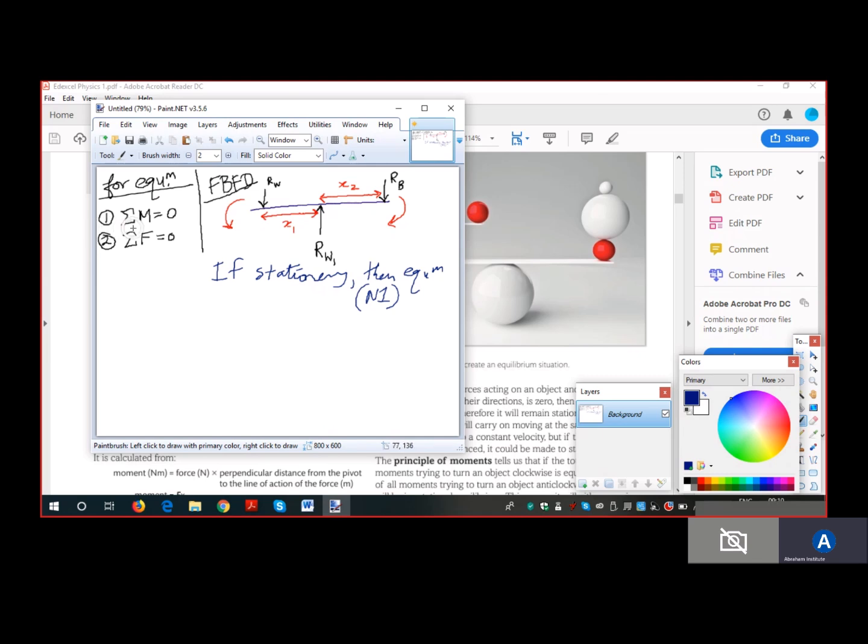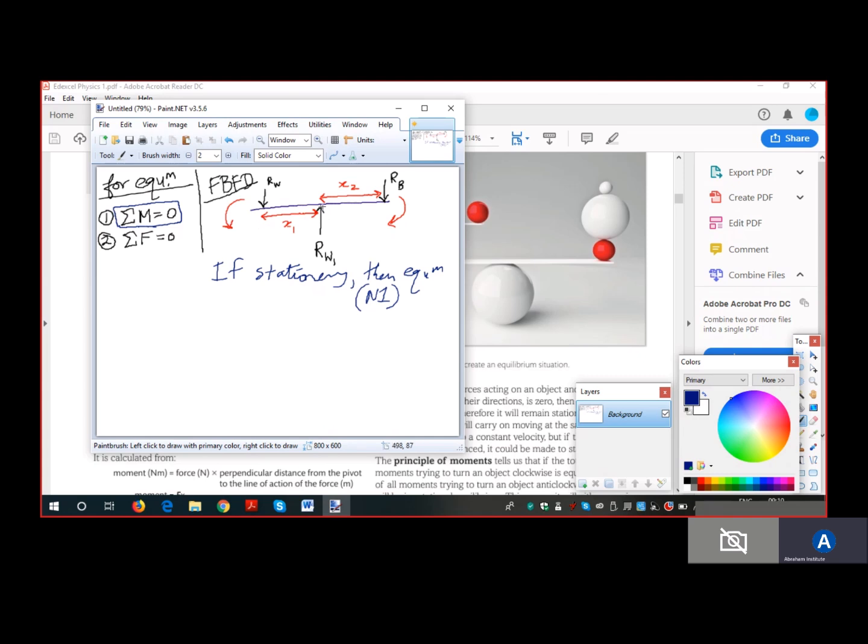The principle of moments is this: the sum of clockwise moments is equal to the sum of anti-clockwise moments, or the resultant moment is 0. So there are three ways of saying the same thing. The principle of moments applies, or the resultant moment is 0, or the sum of clockwise moments is equal to the sum of anti-clockwise moments about any point.